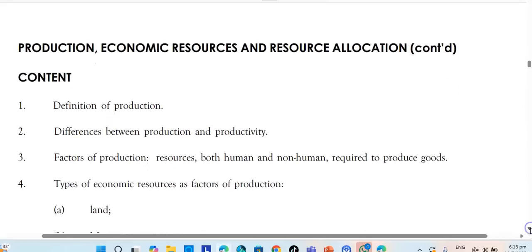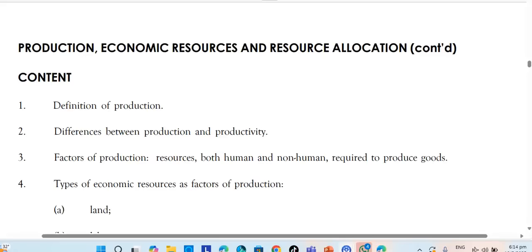And it says definition of production. So the first thing we're going to do is to define production. What do you think production is? All right, guys, I know you have your answer already.